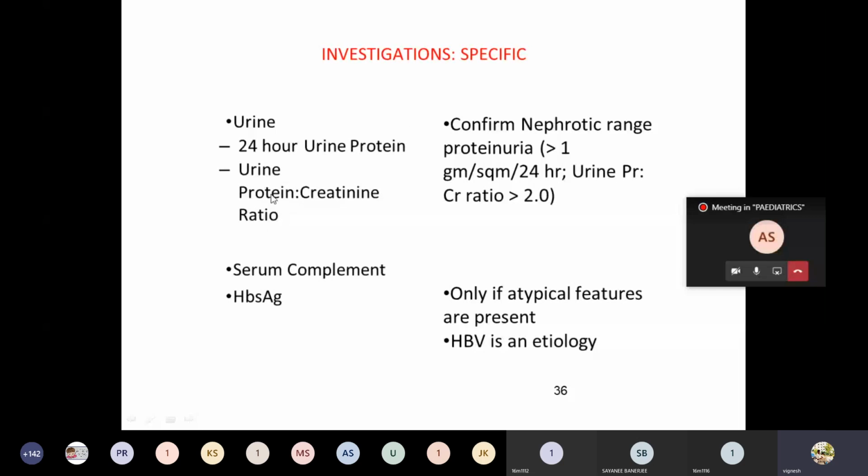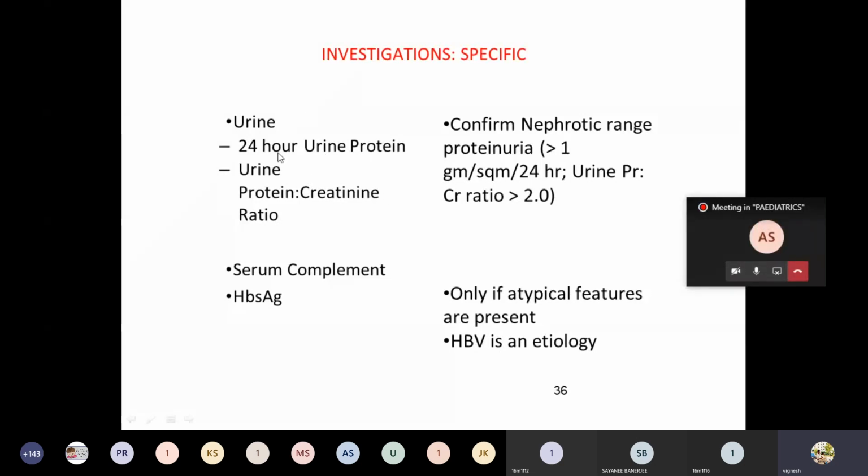So as I already told, protein in the urine, the protein and creatinine ratio is very important. If the protein and creatinine ratio is more than 2, then that also goes in favor of nephrotic syndrome. So in proteinuria, if the protein and creatinine ratio is more than 2, we can say that this is nephrotic.